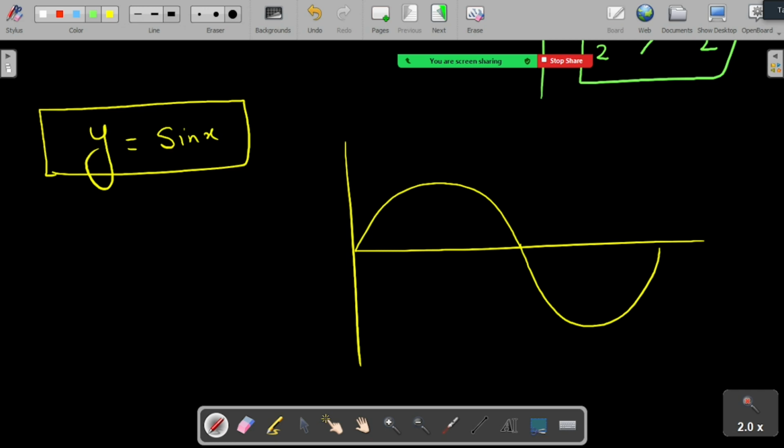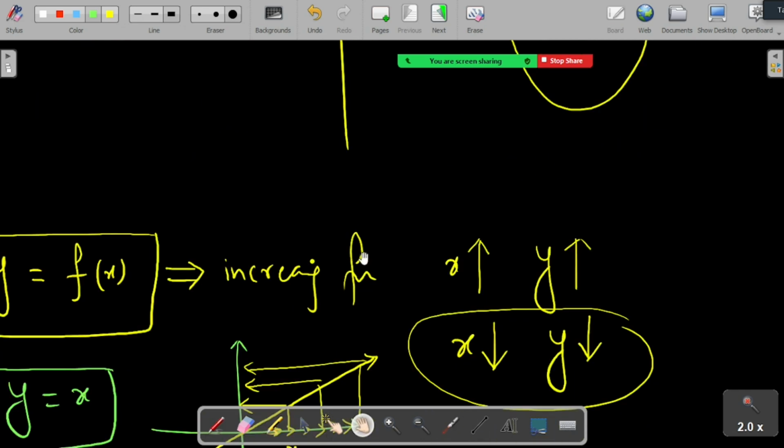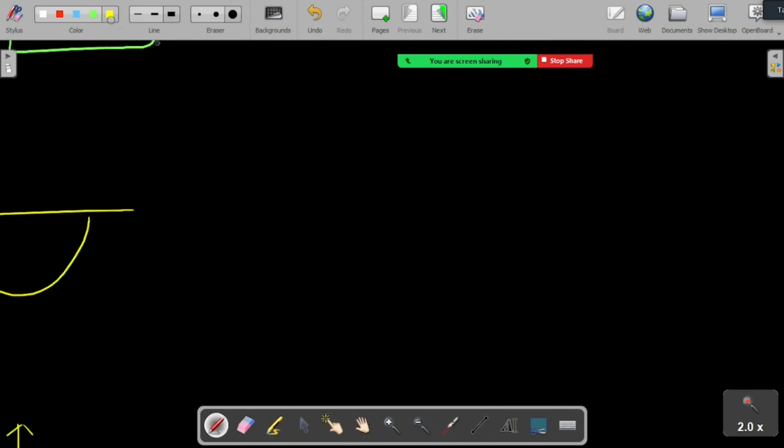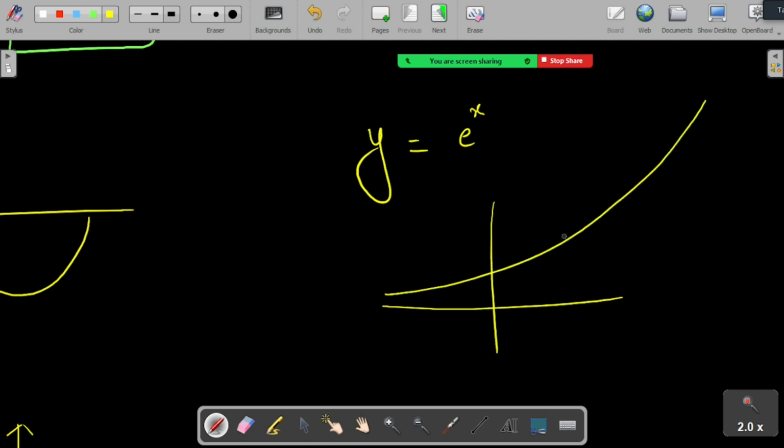A function may also be completely increasing or completely decreasing. For example, y equals e raised to power x is a completely increasing function. It is always increasing, there is no decreasing portion in this. Are you getting my point?